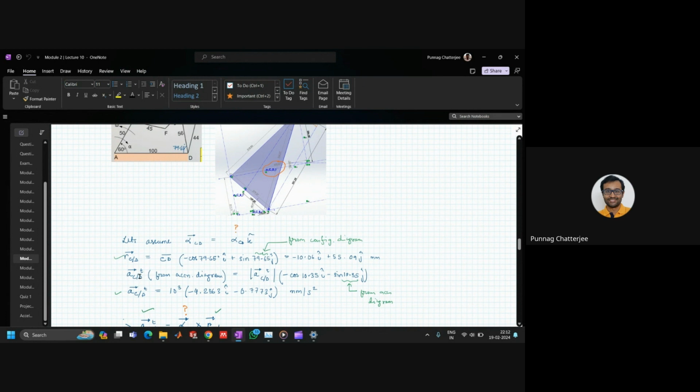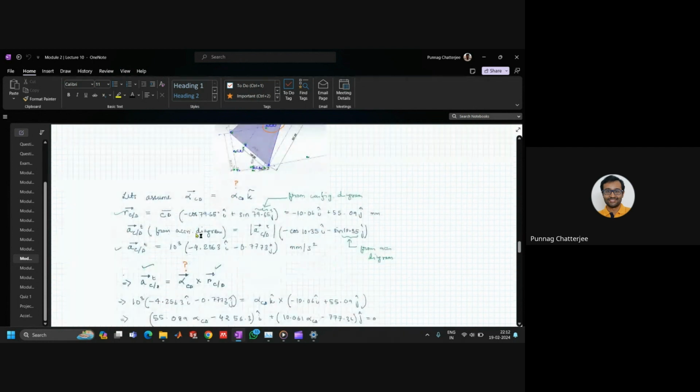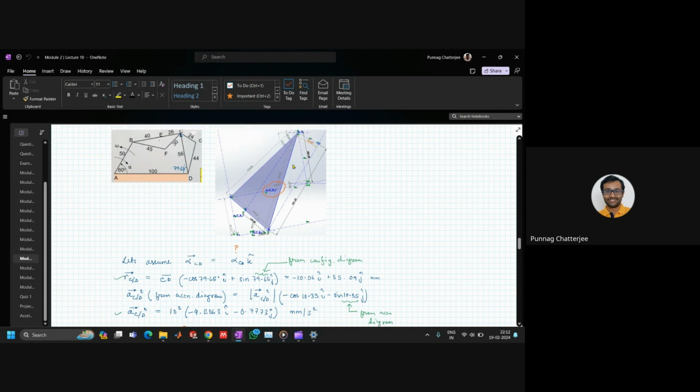And from the diagram, we can find the magnitude of acceleration C with respect to D. The tangential is already found out over here. Acceleration C with respect to D is a vector. If you draw a coordinate system at the tail of this vector, and the head of the vector is pointing here, you see this angle.